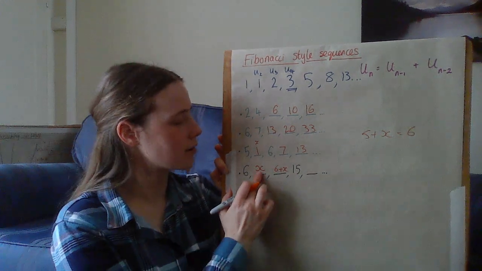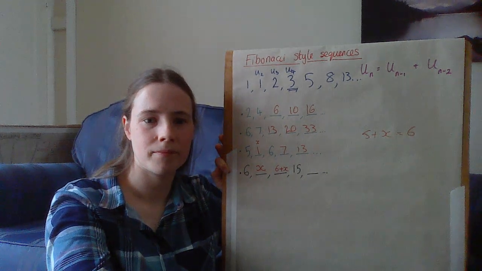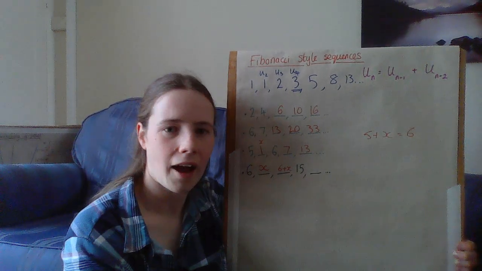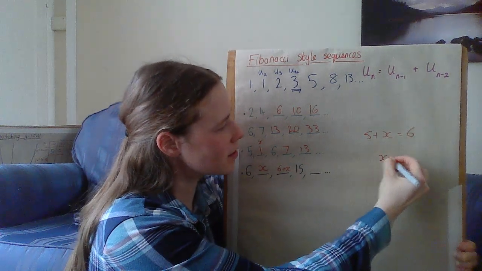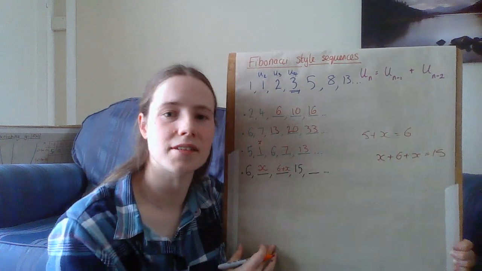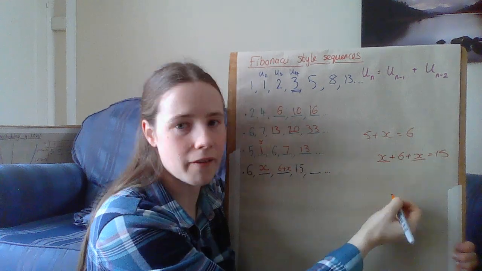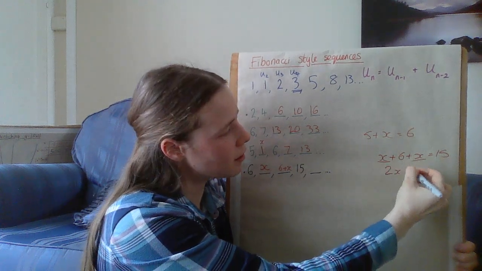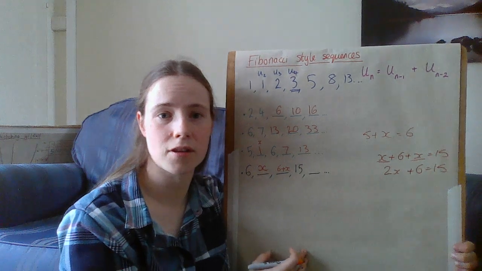So I can write x plus 6 plus x equals 15. Then I'm going to simplify the left-hand side. I've got an x plus another x, which is 2 x's, plus the extra 6 to get me 15. And now I just have to go through the process of solving this.